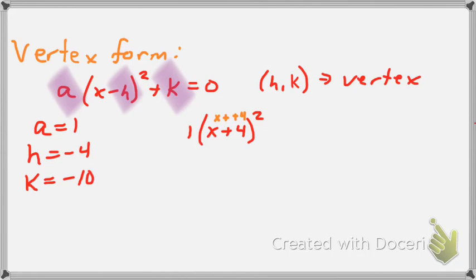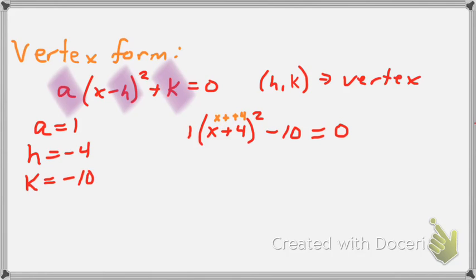How would I write that? Minus 10 equals 0. So we've replaced a, h, and k in the stock formula with the values from the specific problem: 1, -4, -10.